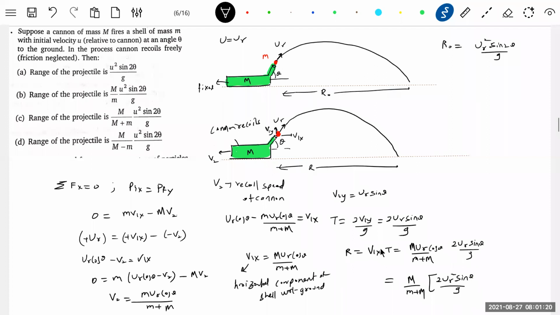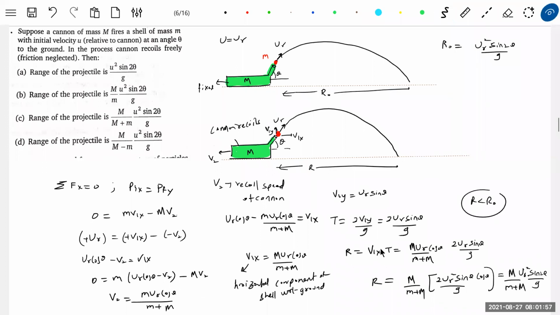This will become cos theta, so this will become capital M over small m, into R naught, or ur square. Now the range: will it be less than R naught or greater than R naught? That's the only thing I'm asking here. Definitely R will be less than R naught.